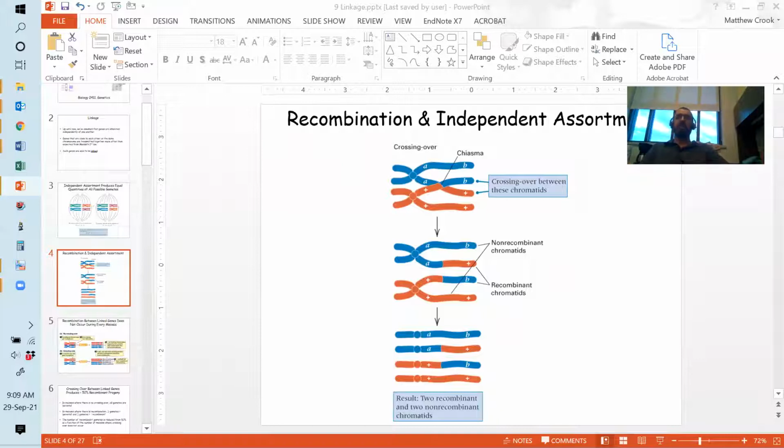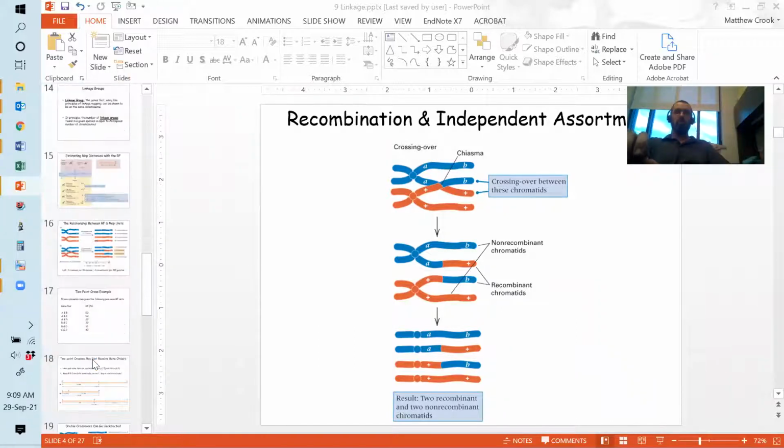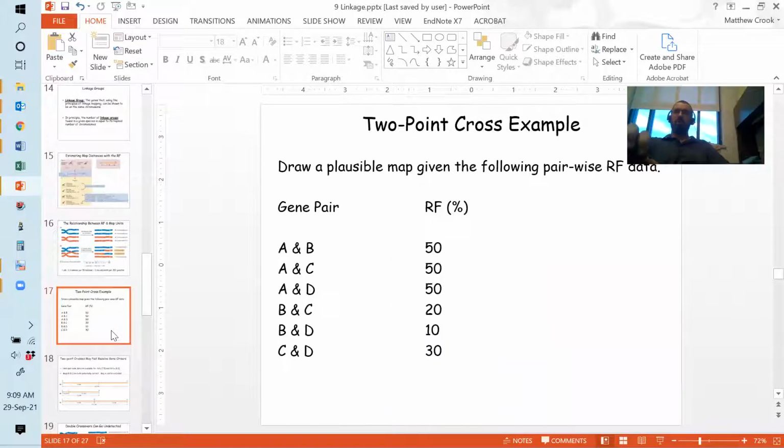Exactly, they are assorting independently. So when you take that bit of knowledge and you apply it to this, what does that tell you about gene A and all the others?